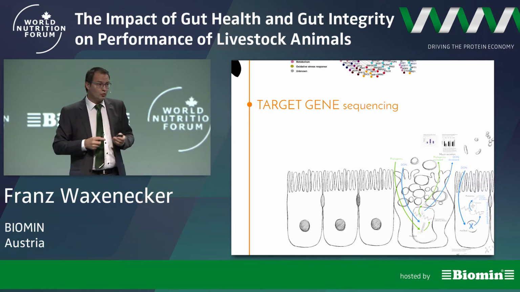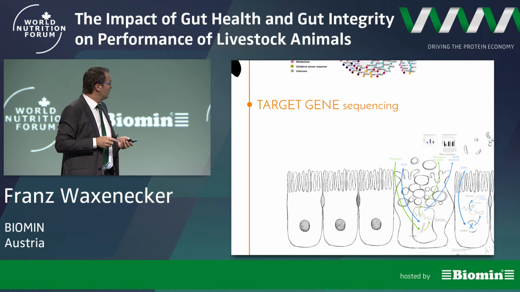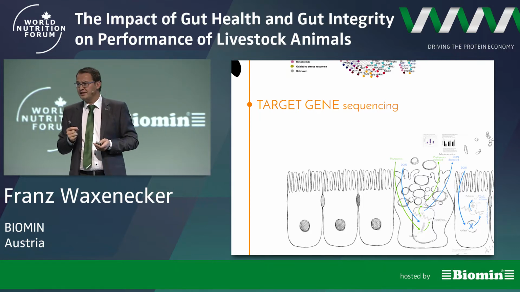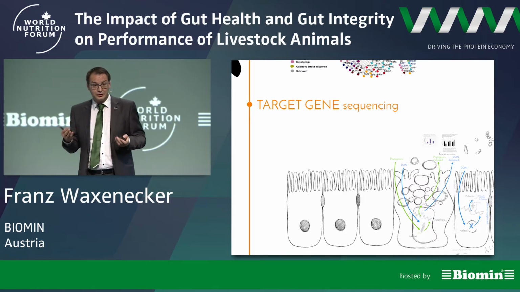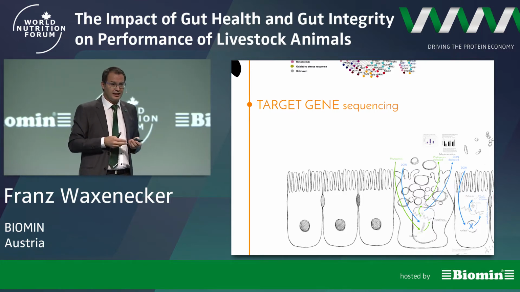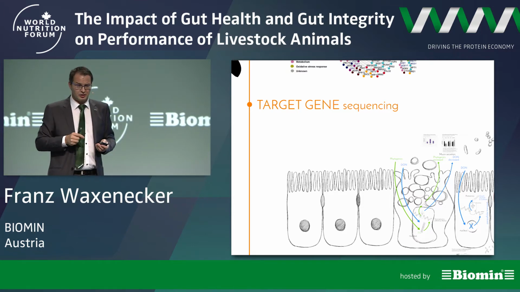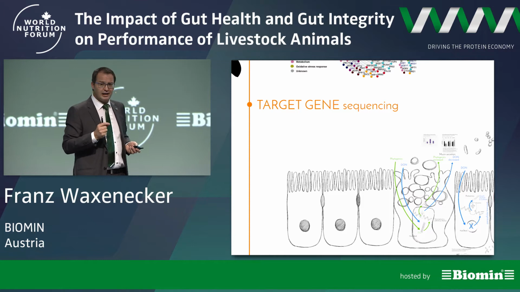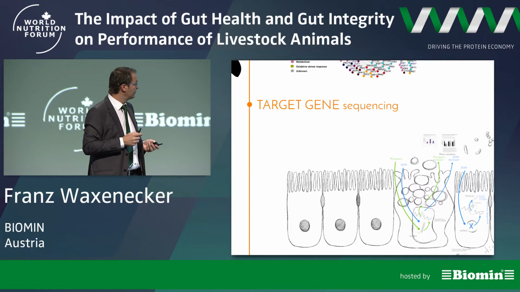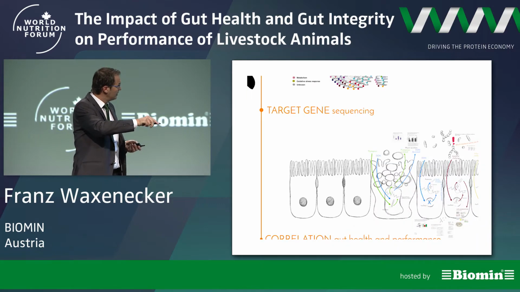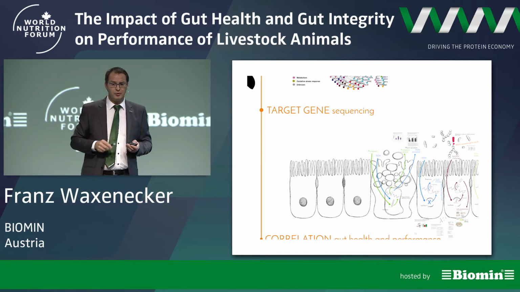Yes, so very complex data, which is good for research purposes. But how can we apply these technologies for practical use, for our more or less day-to-day use on products and on farming? And this is something we call the target gene approach, to identify relevant genes with an impact on animal performance, and to correlate these genes with gut health and animal performance.